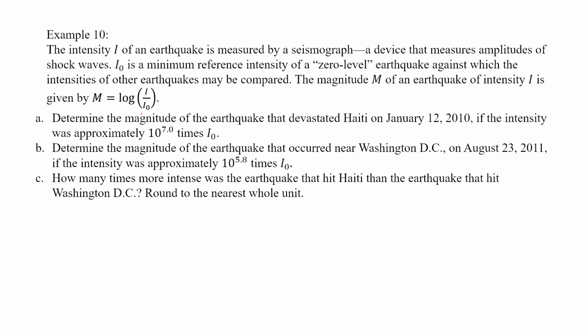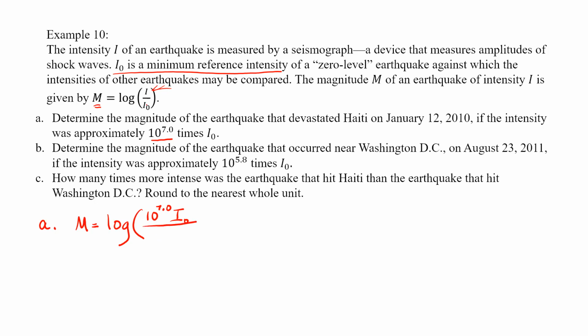So we're going to determine the magnitude of the earthquake that devastated Haiti on January 12, 2010, if the intensity was approximately 10 to the 7.0 times I sub 0. So they say that the intensity, which is I, is 10 to the 7.0 times I sub 0.